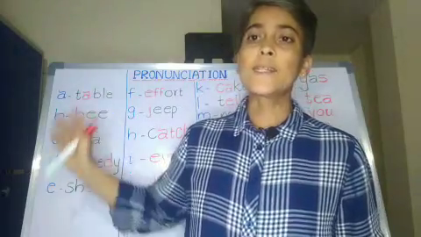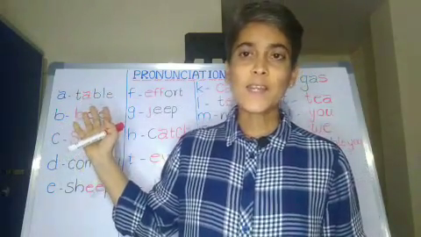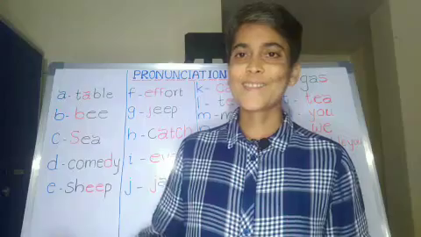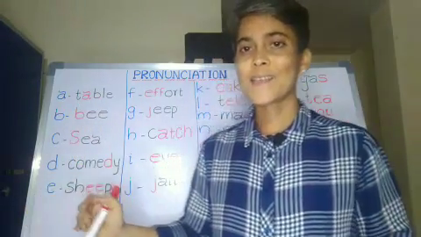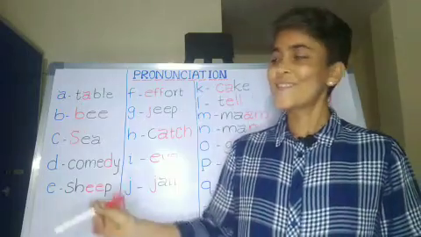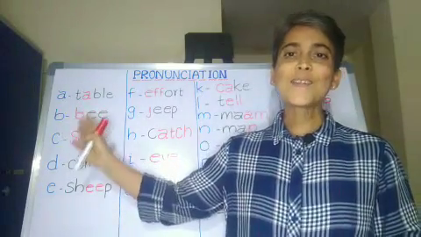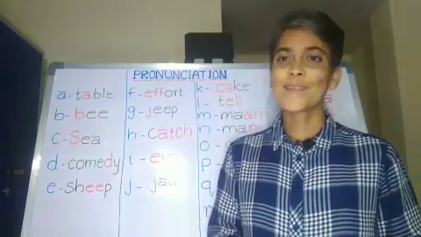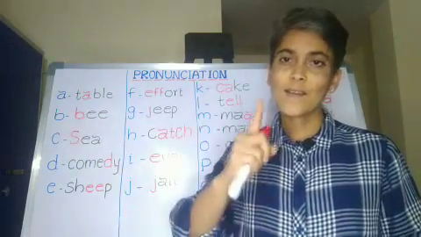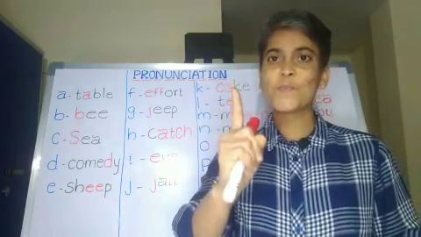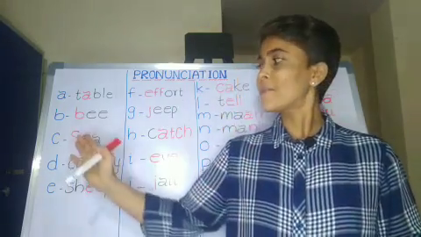A as in table. Here, not A for apple. A as in table. B as in bee. Remember, observe, pronounce, practice.